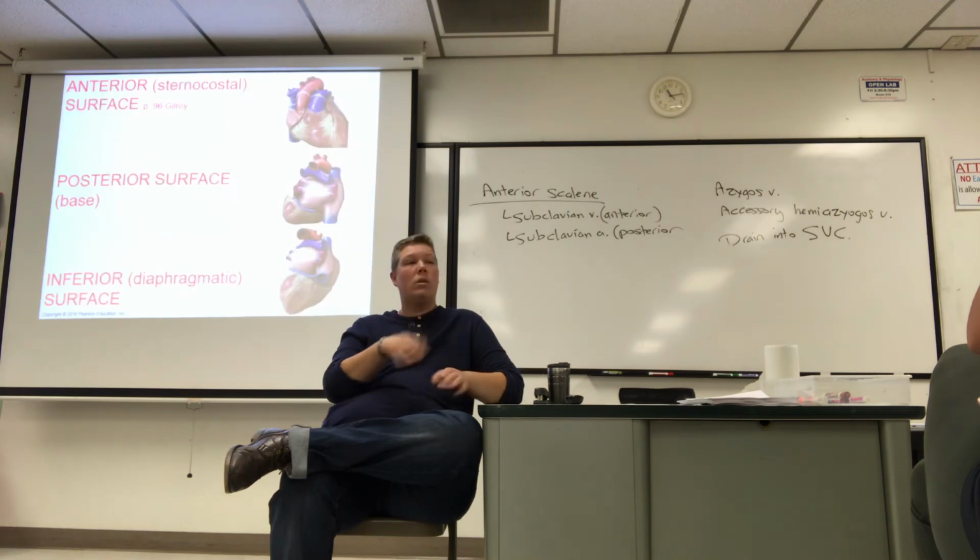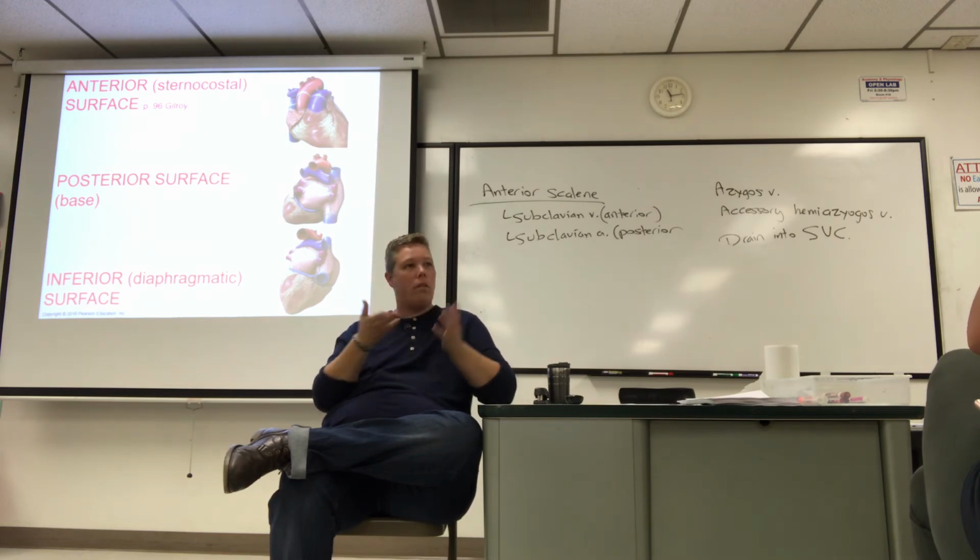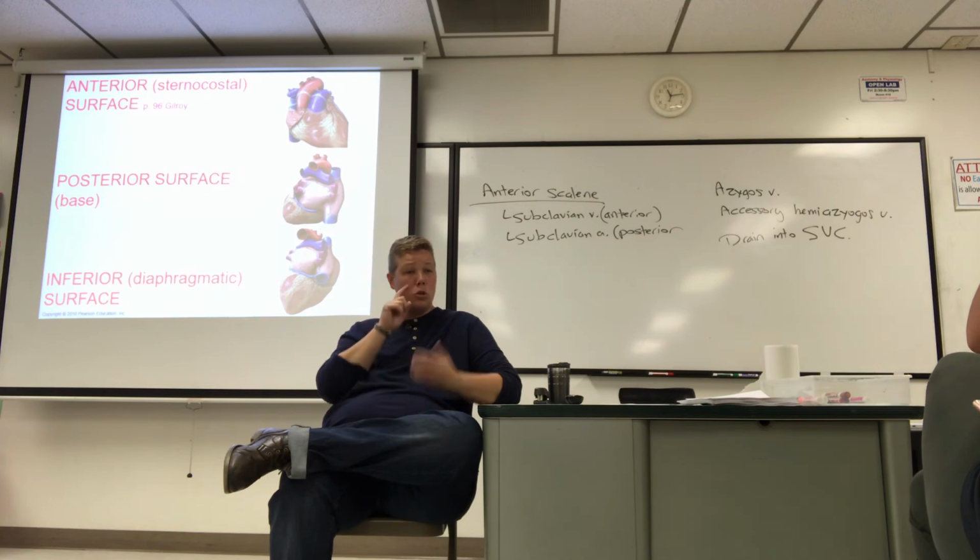And it's important to know the surfaces of the heart before you make any cuts in a dissection. You can identify a lot of things without doing any dissection. Okay, and just be able to tell the different surfaces.